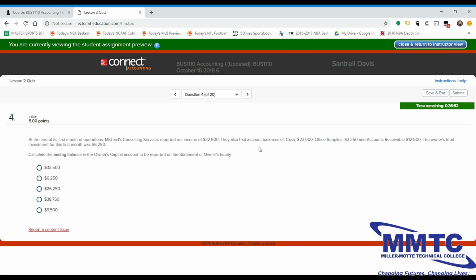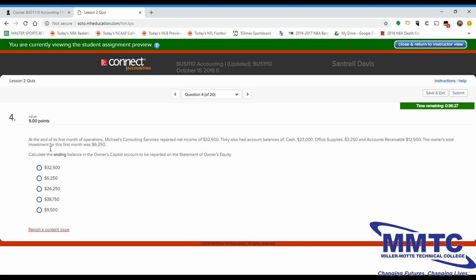They also had an account balance of cash, $23,000. Office supplies, $3,250. Accounts receivable, $12,500.